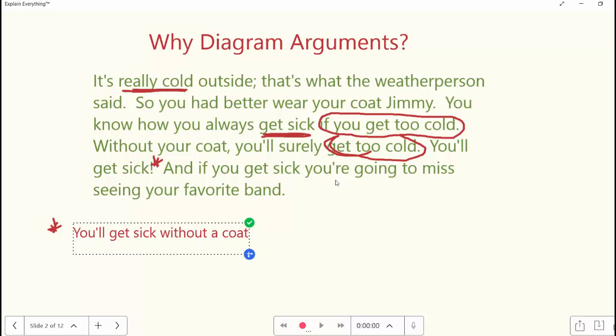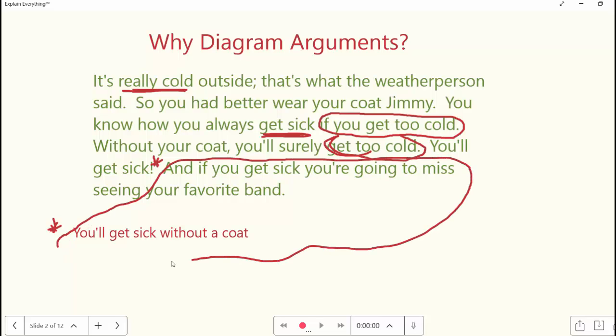So going on, basically we have another hypothetical syllogism where these two pieces of information working together tell us that without a coat, what's going to happen? You're going to miss your favorite band.